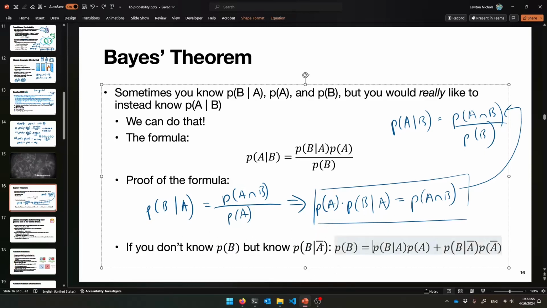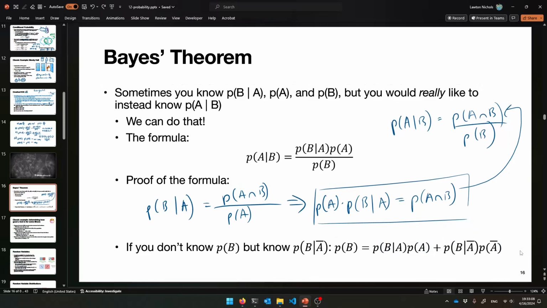You can solve for the probability of B if you knew that. It's going to be the same as the probability of B given A times the probability of A, plus the probability of B given A bar times the probability of A bar, which you can get easily from the probability of A. Just subtract it from 1. If you have this one but not the probability of B, you can solve for the probability of B using the other things you have.